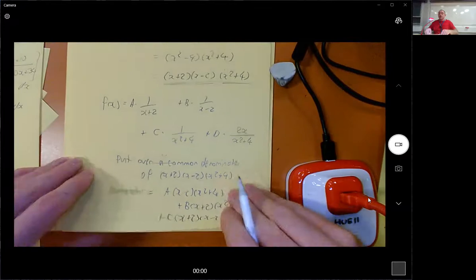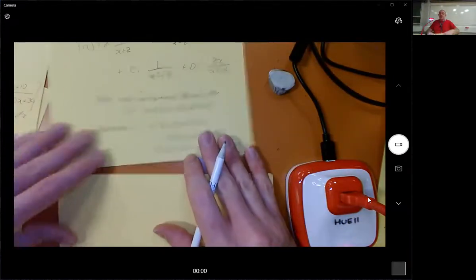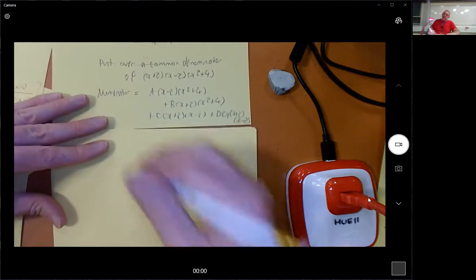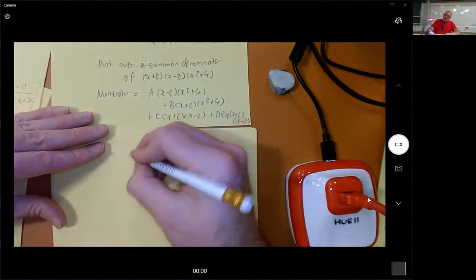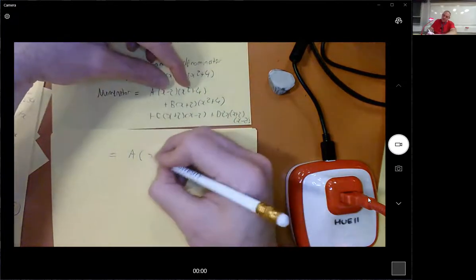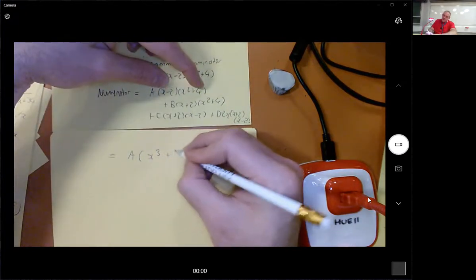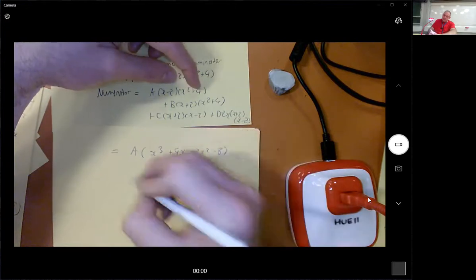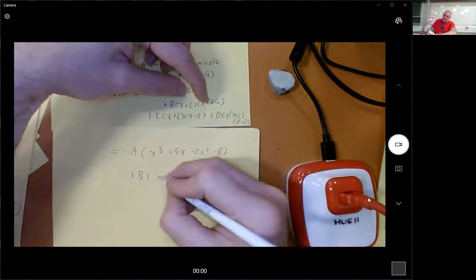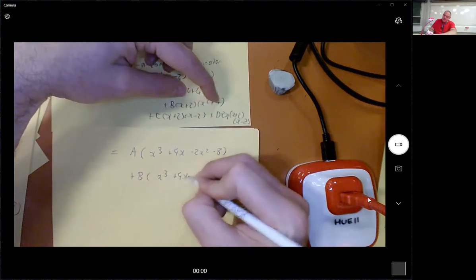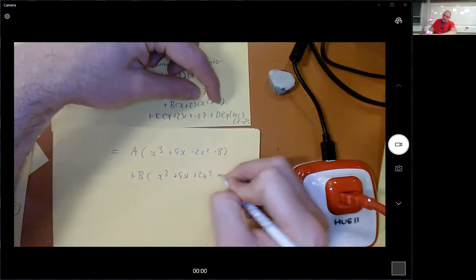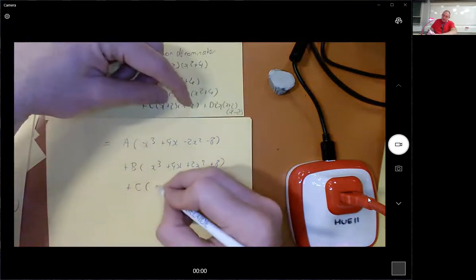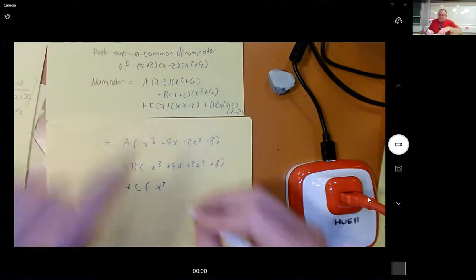That's my numerator. And if I want to match that up with the original numerator, I'm going to need to figure out what the coefficient of everything is, which means I'm going to have to expand all those brackets. Oh, damn it. So I've got an x cubed, I've got a 4x, I've got a minus 2x squared, I've got a minus 8. And here I've got an x cubed, I've got a 4x, I've got a plus 2x squared, and I've got a plus 8. And my c, I've got an x squared. Oh, that's x squared minus 4.